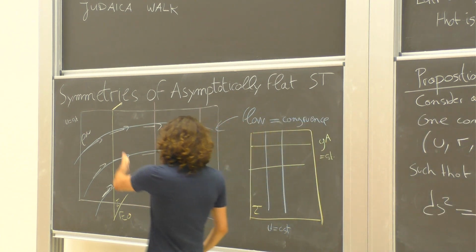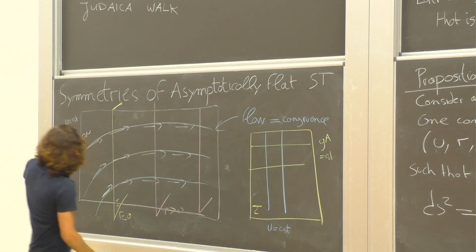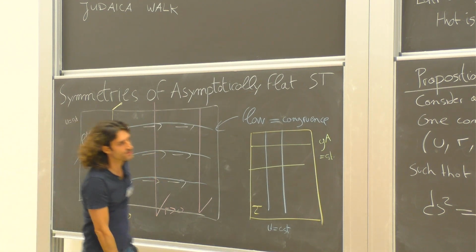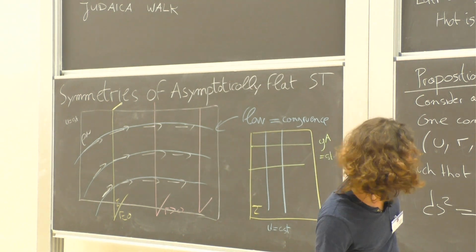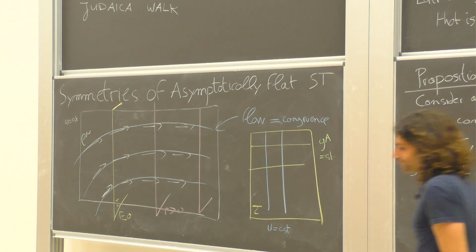So you have this slice of constant time, and then you have this slice of constant u, and the vector field is along these constant u surfaces. Anytime you see this, what this is imposing is that it's killing the d term here.